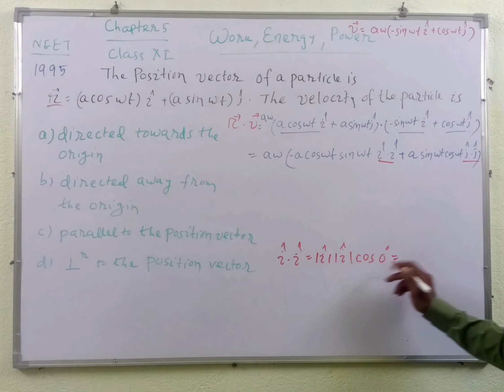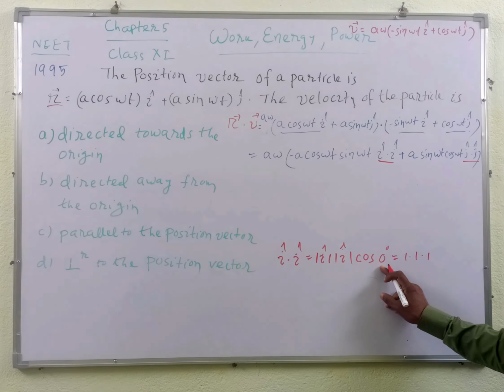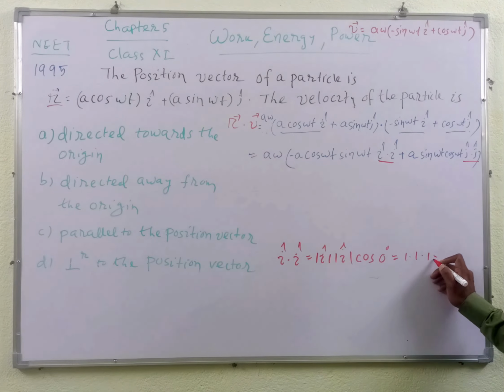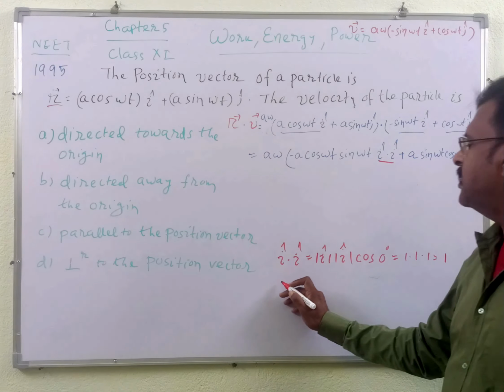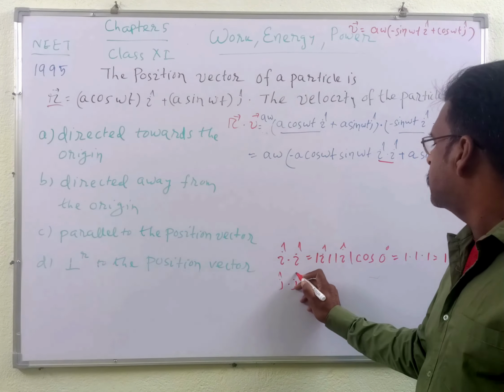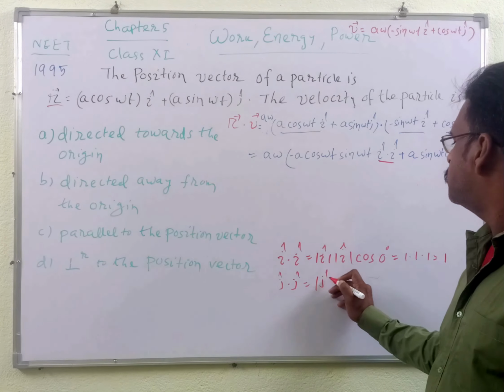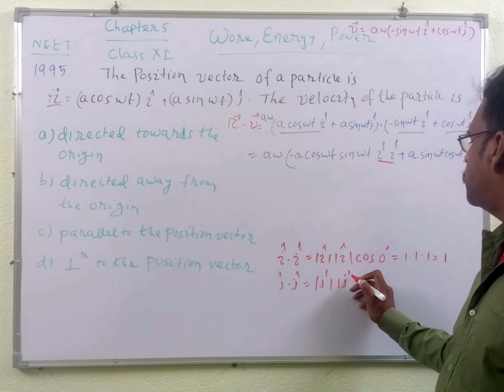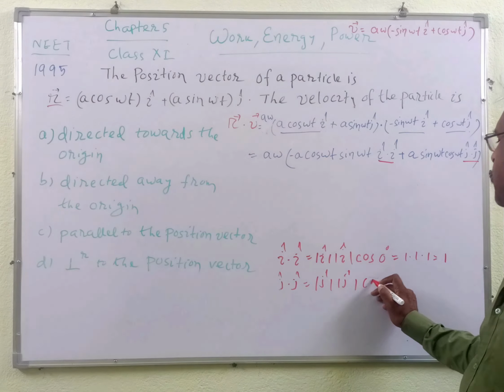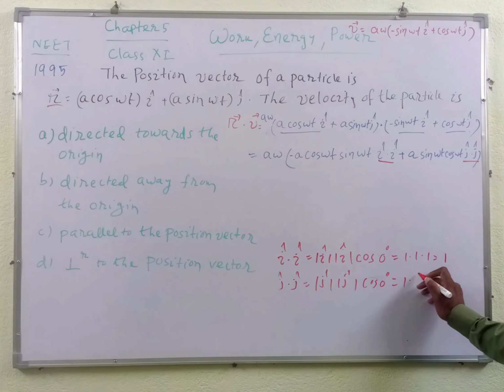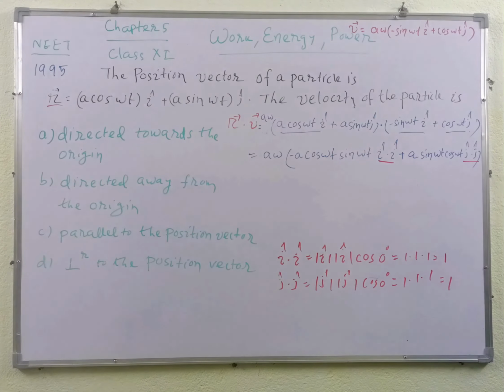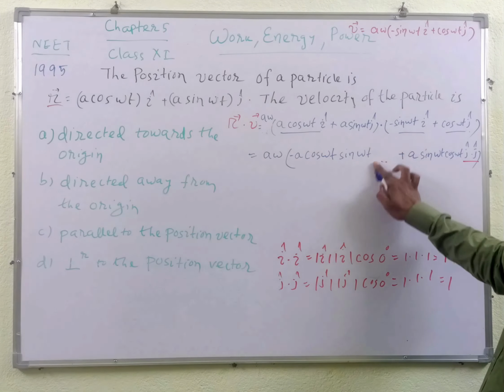So student, this is 1 into 1 into 1, cos 0 is 1, so this is 1. Similarly, j cap dot j cap is also mod j into mod j into cosine 0 degrees, that is 1 into 1 into 1 equal to 1. So these two terms are 1, student.